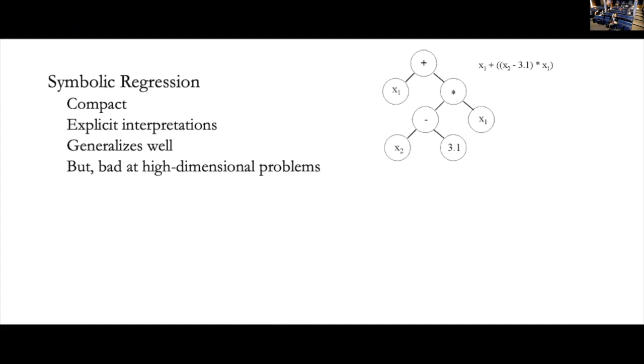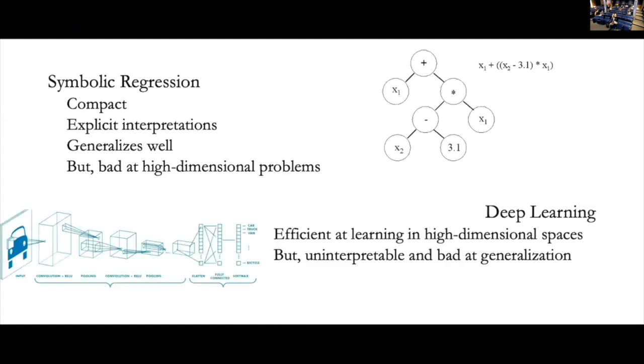They don't scale well with the number of features. On the other hand, deep learning is the complement of this. It's very efficient at learning in high dimensional spaces, but it's uninterpretable. You get linear extrapolation at best. Maybe you combine it with different symmetries and get better generalization, but it's really hard to get strong physical generalization.